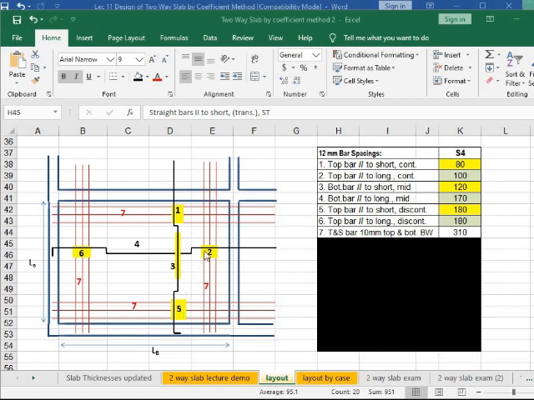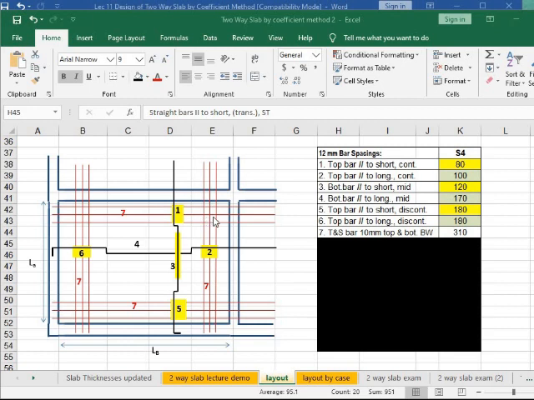Now, let's go to bars 2, 4, 6. Bars 2, 4, 6 are called longitudinal bars, or simply the bars parallel to the longest dimension. Bar number 2 has a spacing of 100. Bar number 4 is 170. And finally, bar number 6 is 180.